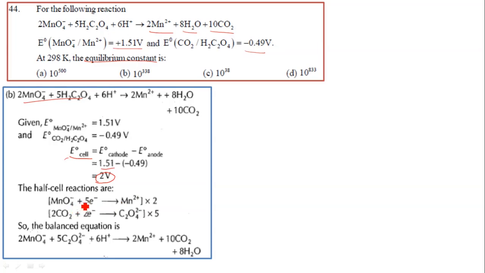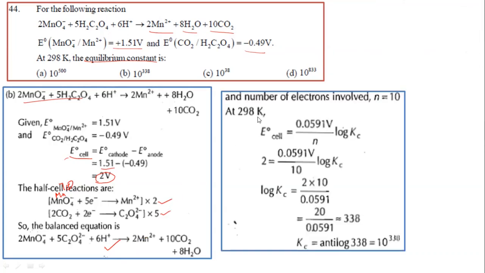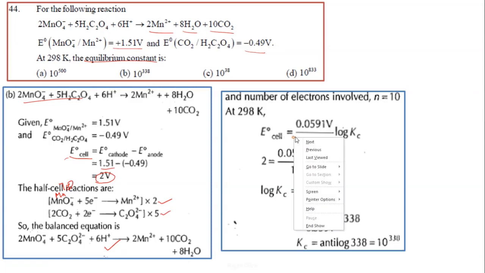Now write the half cell reactions. MnO4 minus plus 5 electrons gives Mn2 plus. This is Mn 7 plus, into 2. Carbon dioxide gets 2 electrons and becomes oxalate, this is into 5. So the balanced equation is this one, which you get if you multiply by 2 and 5. Now you have to calculate the equilibrium constant.